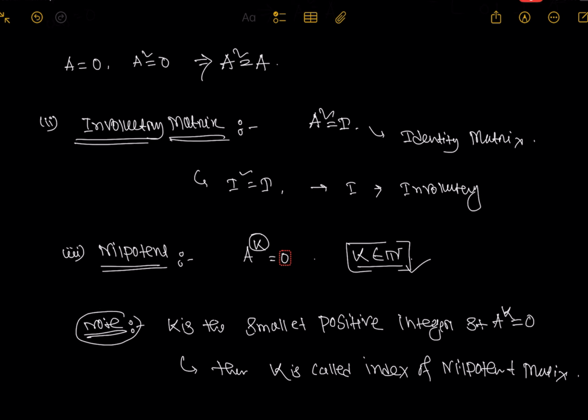This is most important. For a nilpotent matrix, A to the power k equals 0, k belongs to the natural numbers, smallest positive integer k. For this case, k is called the index of the nilpotent matrix.